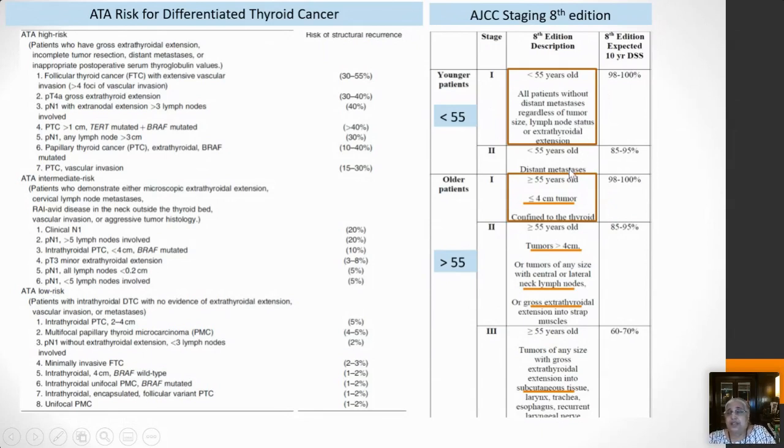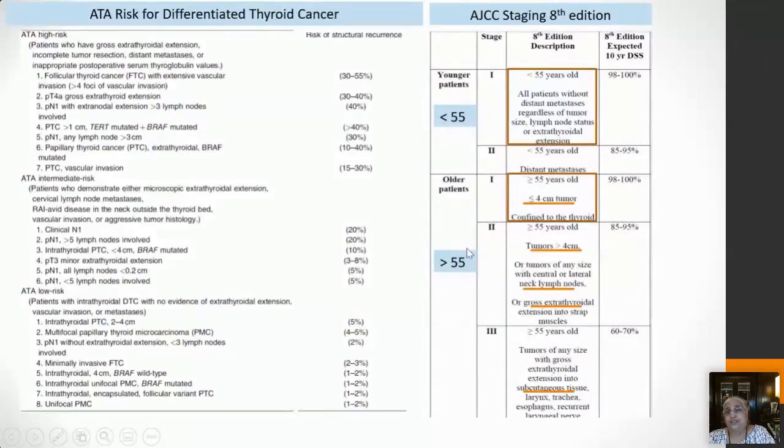If there is distant metastasis at the time that the patient is seen and the patient is less than 55, it's stage 2, because they have such excellent expected disease-free survival. And therefore, one would have to tailor the surgical intervention according to the stage of the disease.